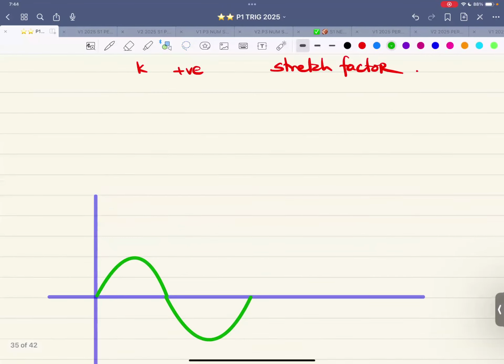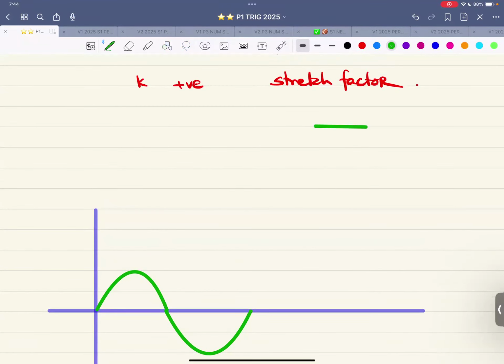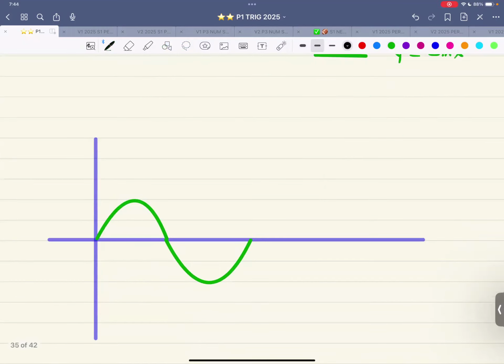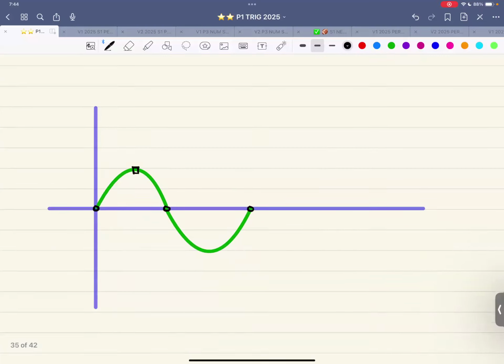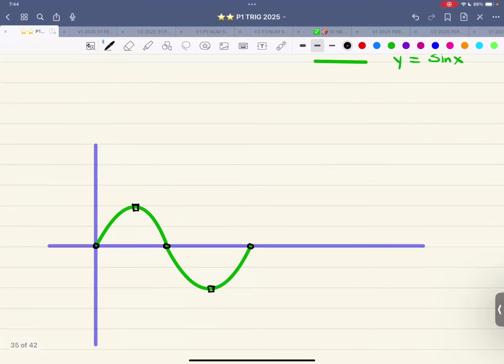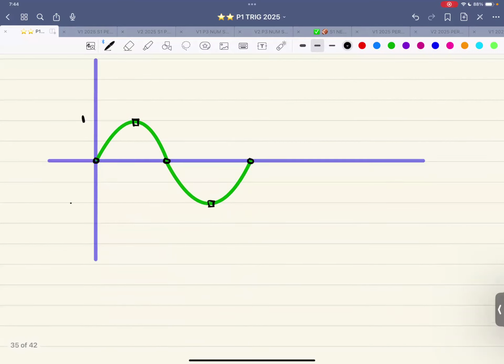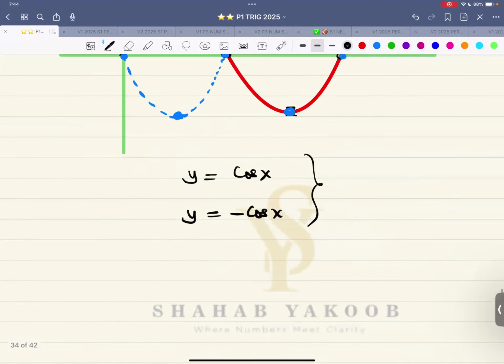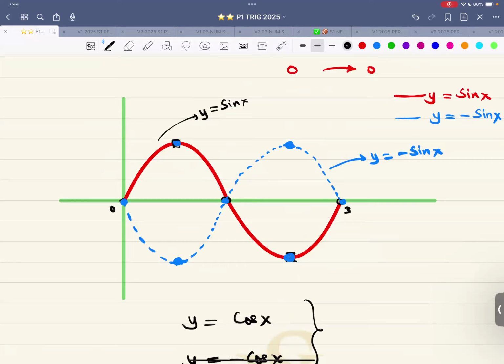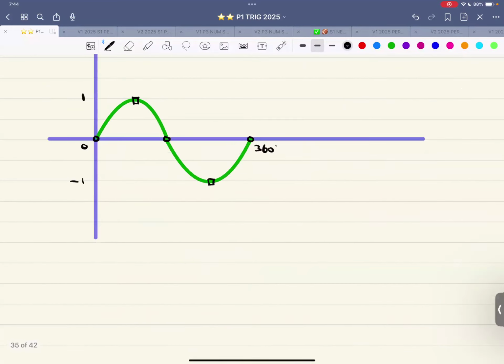That is the original graph. So this one, this is y is equals to sine x. Five major points: 1, 2, 3, 4, 5, 1, and negative 1. This is 360 degrees. This is 0.